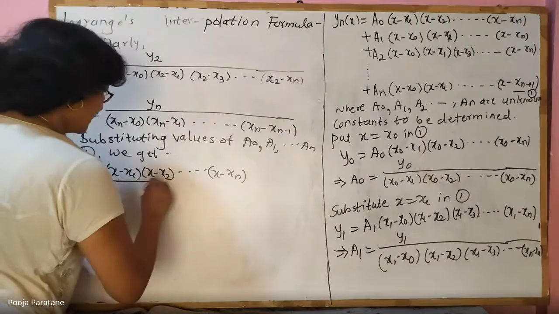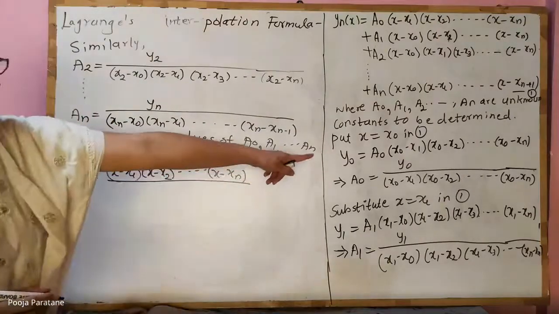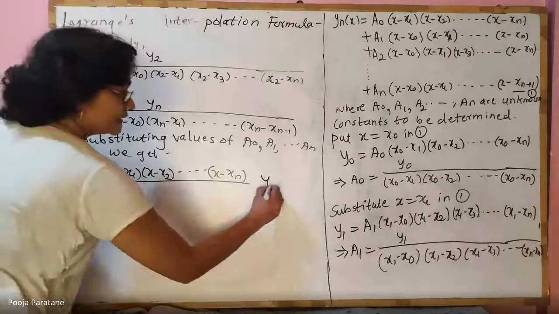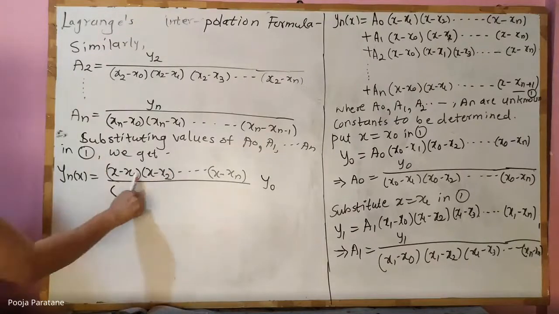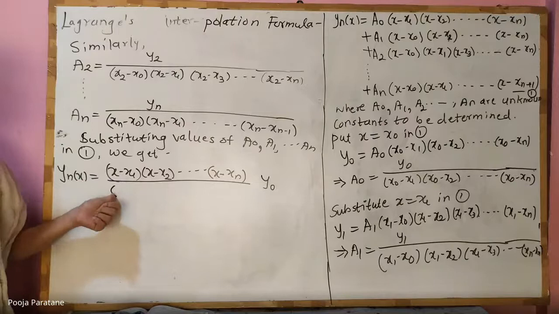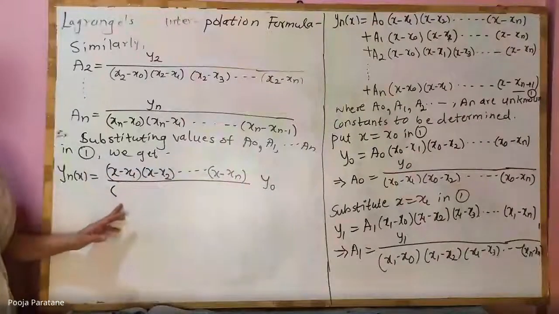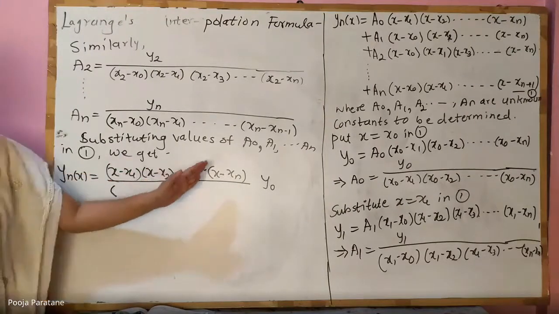And what is the value of a0? I am substituting. So a0 is y0 upon the whole of this expression. So this y0 I will write here. And here, if you see the similarity, in the denominator just replace x by x0 as this term is corresponding to the x0, y0 value. So in this, we will just replace this x by x0 and the rest of the terms are the same.